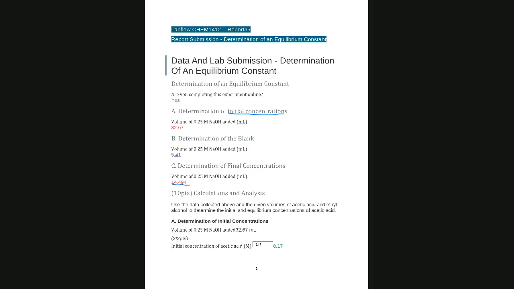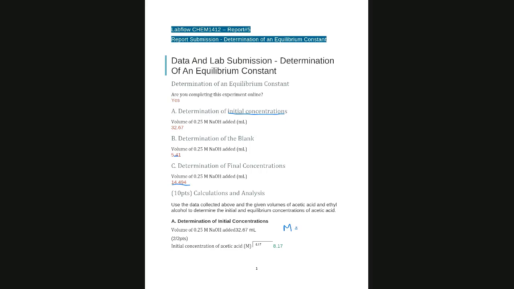But how are you going to calculate in your case? You are going to use this equation. What should I write? Here, the volume of the base initially. Which one is mine?